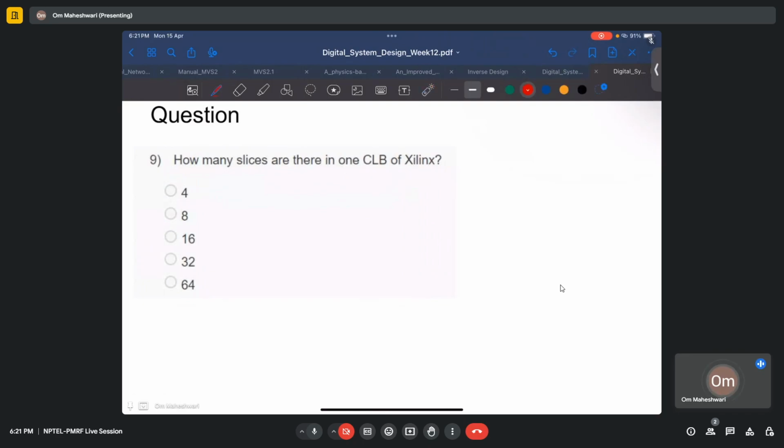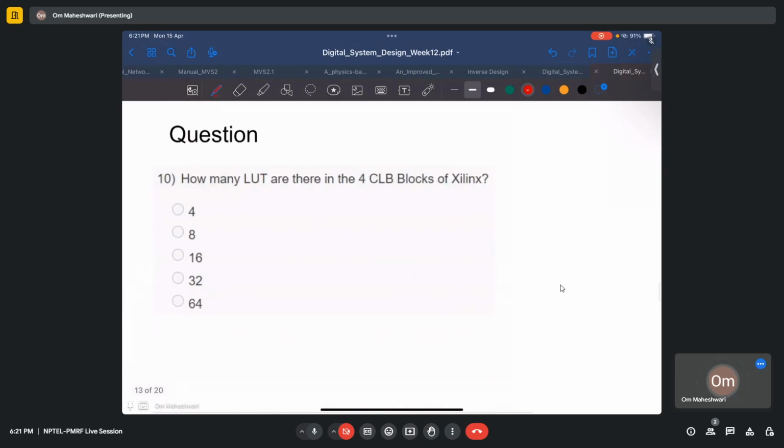So if you remember, there are four slices in one configurable logic block of Xilinx. Next part of the question, how many LUTs are there in four CLBs of Xilinx?